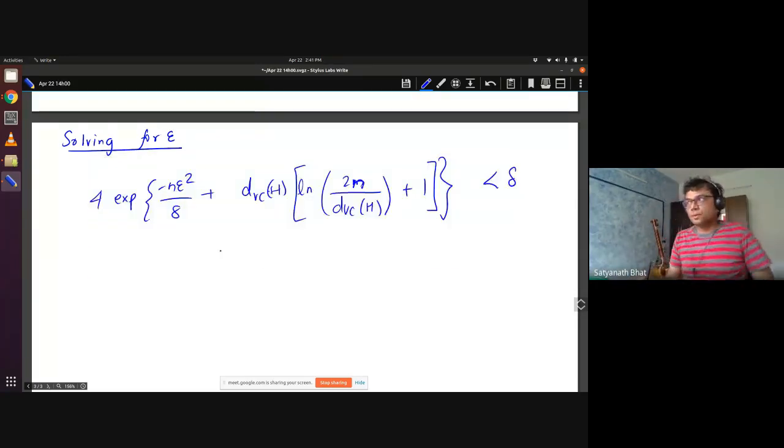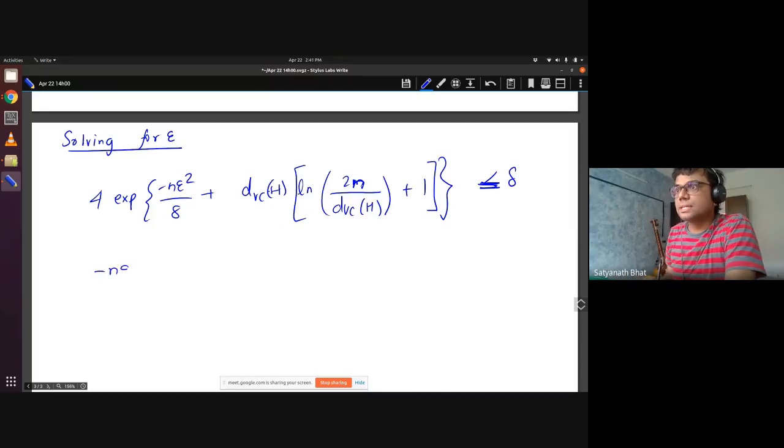So, epsilon. Since we have to solve for it, let us assume this is an equality. So delta by 4, then I take the log.